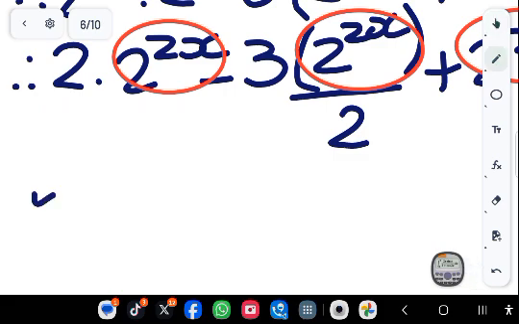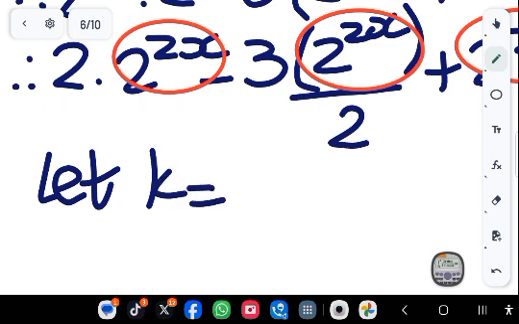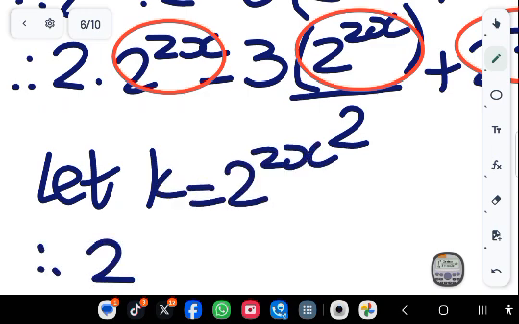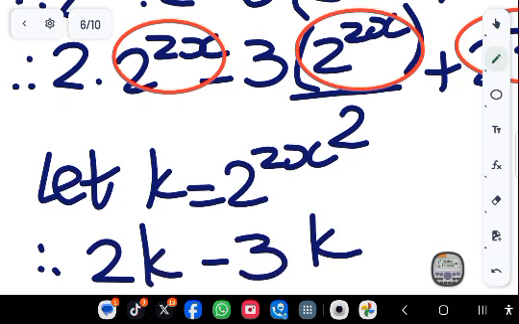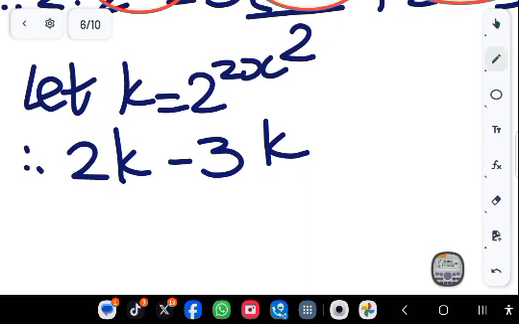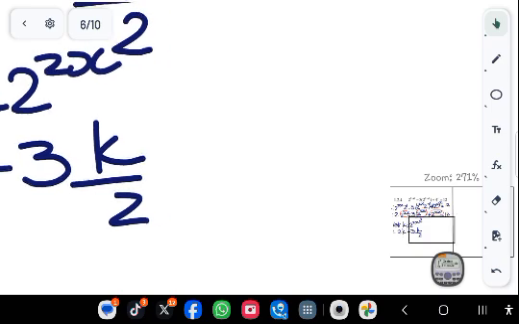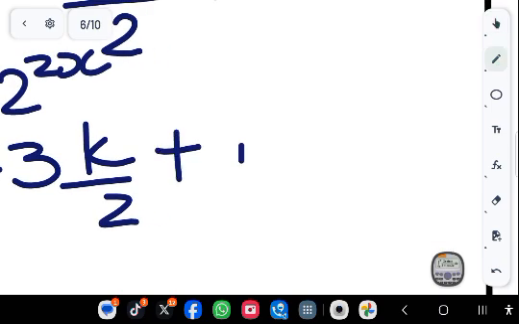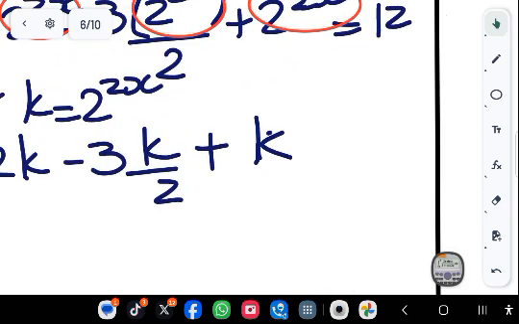Let k equals to 2 to the power of 2x. Therefore, 2 times k, minus 3 times k over 2. So wherever you see 2 to the power of 2x, replace that with k. Here's another k over here, equals to 12.